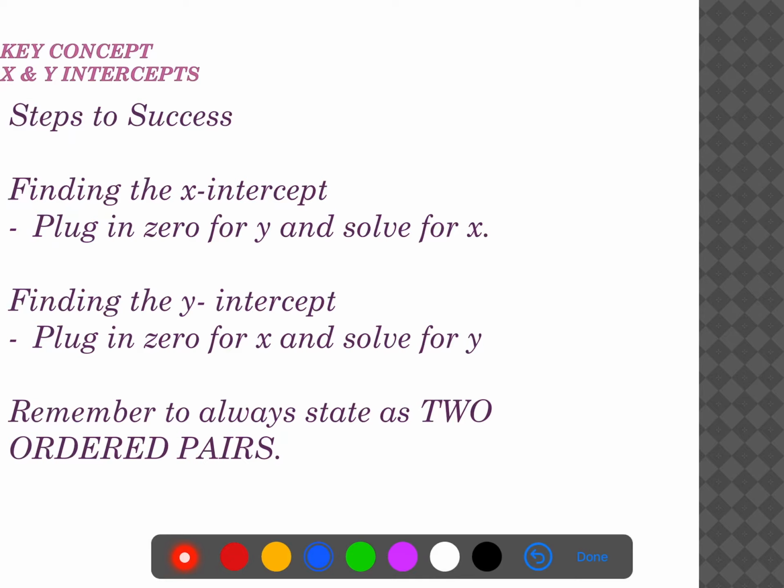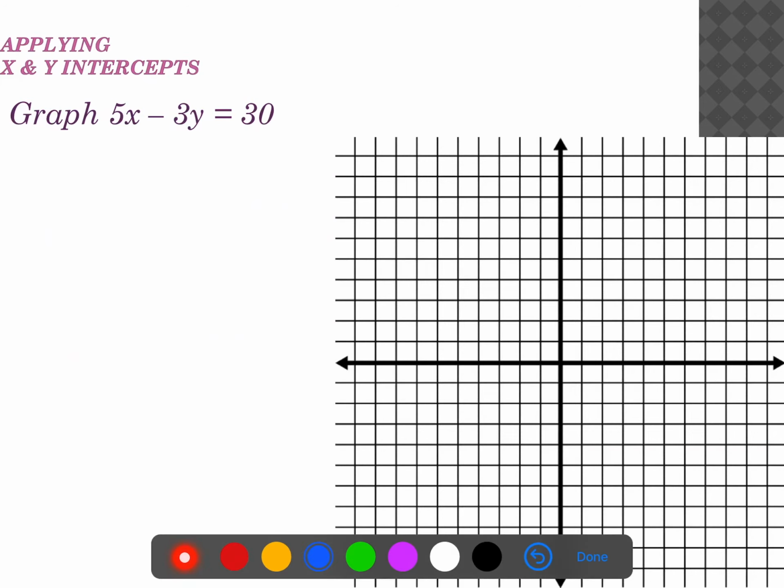Okay, so this is telling me I'm going to plug 0 in for x and y values into the equation because that's where x and y intercepts occur. Okay, remember they are always stated as ordered pairs. If we do not state them as ordered pairs, then they do not count as x and y intercepts. Very, very important.